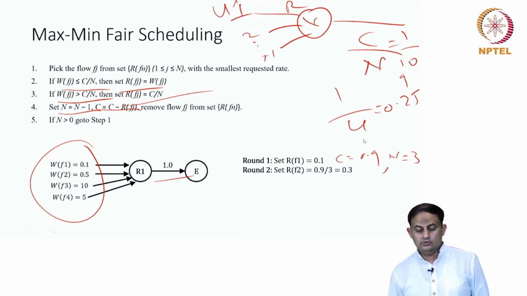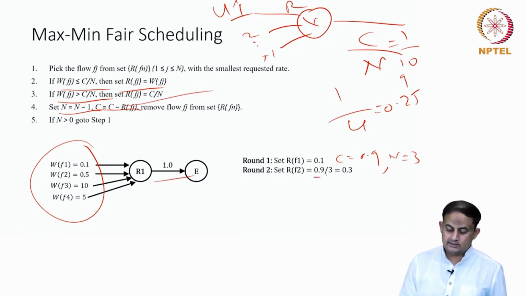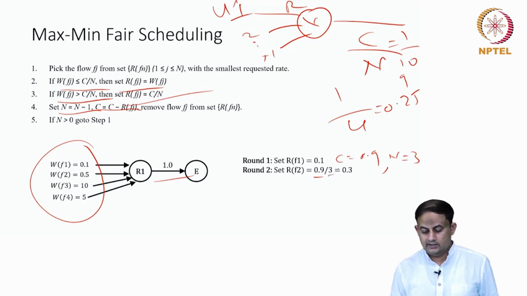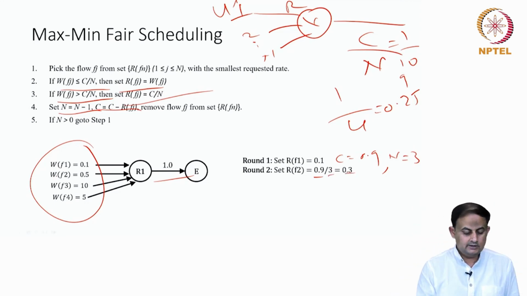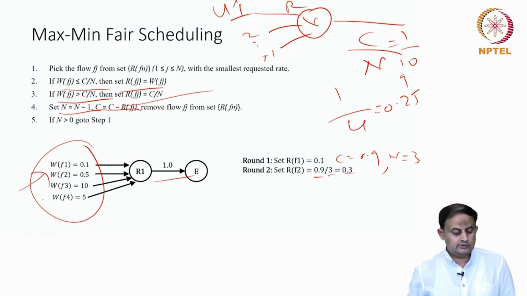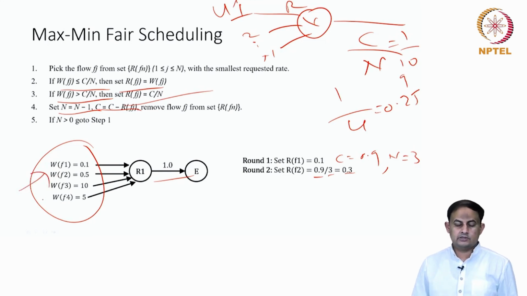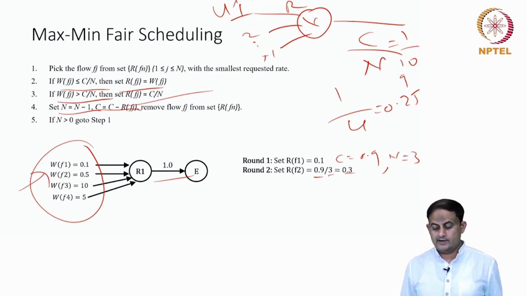Now, in round 2, the available capacity is 0.9 and there are 3 users, so the fair share becomes 0.3. The next user with the lowest demand is user number 2. He is asking for 0.5 Mbps, but the fair share turns out to be 0.3 Mbps, so R of F2 is 0.3 Mbps, and you update the capacity.